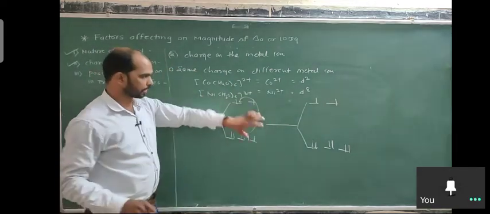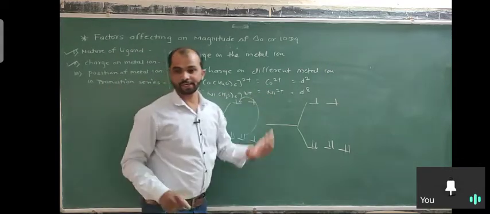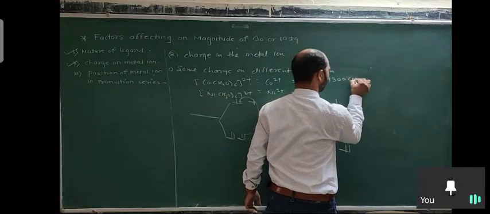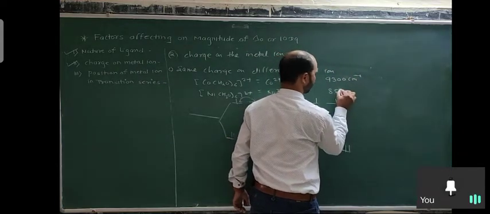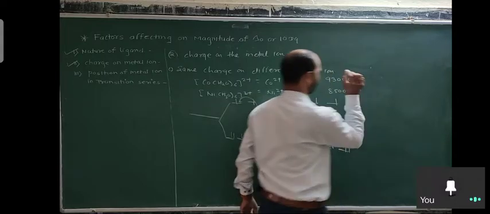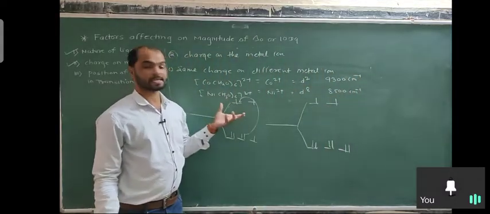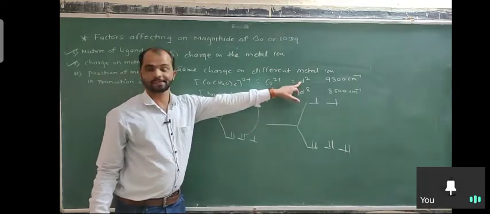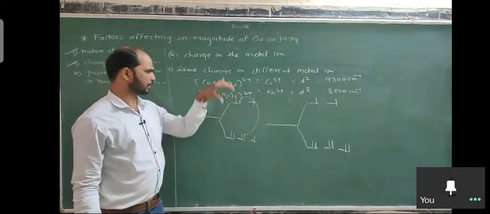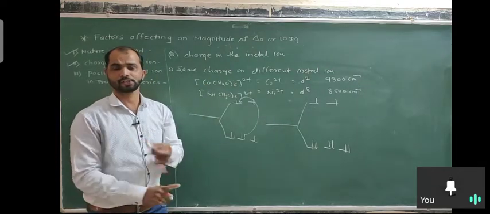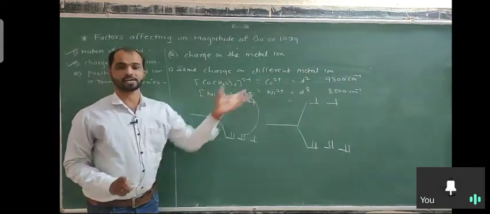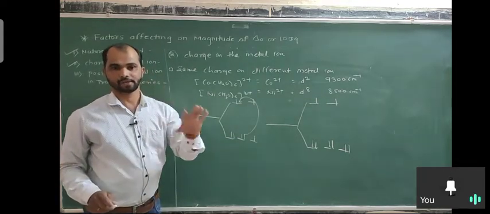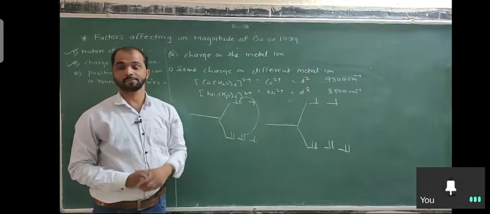So here this shows the higher 10 Dq value: here the value is 9300 per centimeter, and here 8500 per centimeter. This is the reason for the higher value in the first case, because of the lower number of electrons. So if the oxidation state and nature of the ligand are the same but the systems are different, the system with fewer electrons will absorb the higher absorption band, that means shows the higher 10 Dq value.